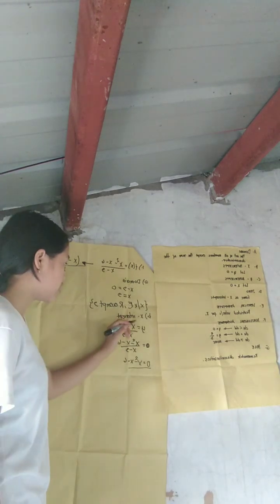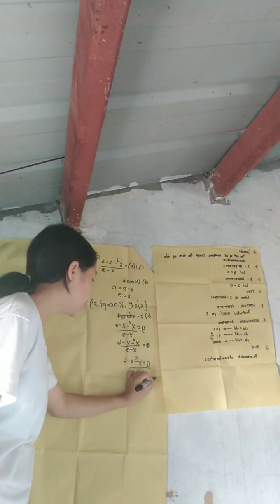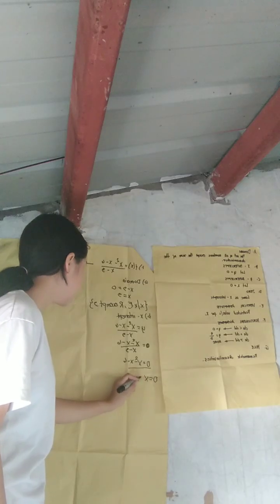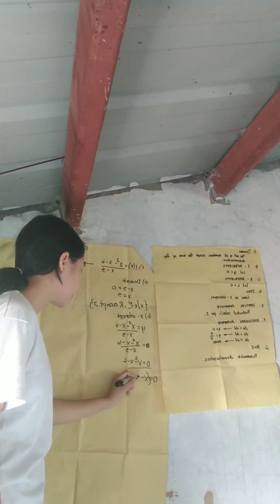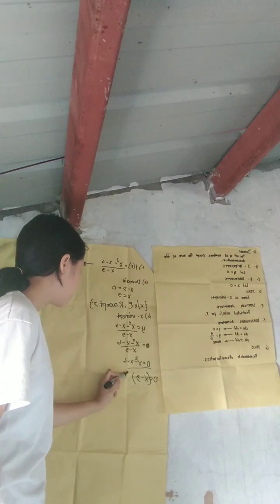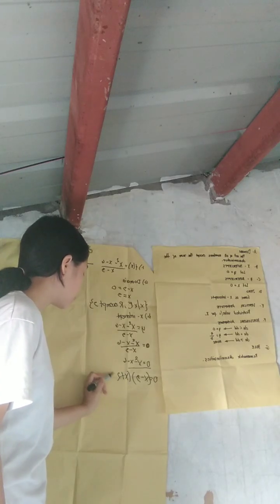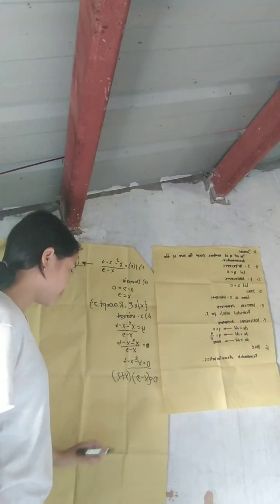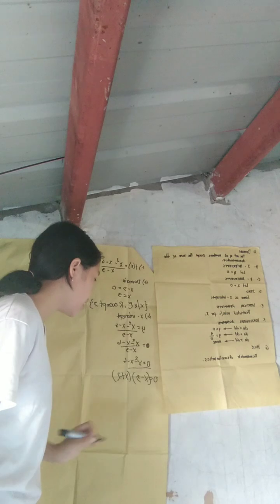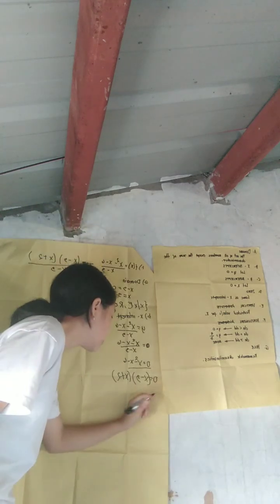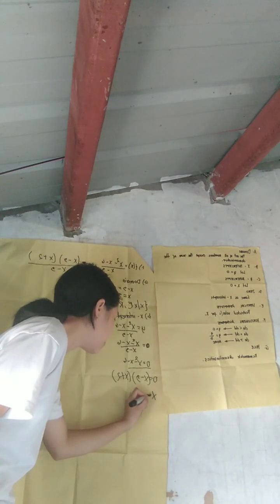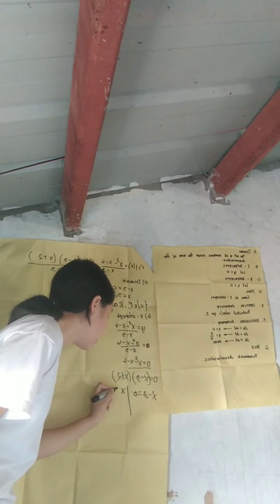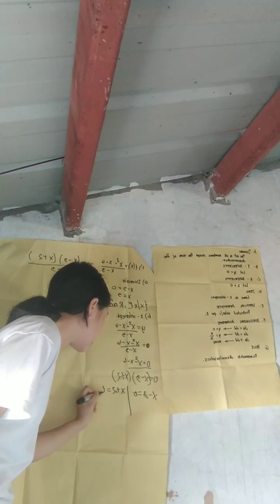Let us go back to letter B. Zero equals the numerator, negative 3 times x plus 2. Let us get the zeros: x minus 3 is equal to 0 and x plus 2 is equal to 0.